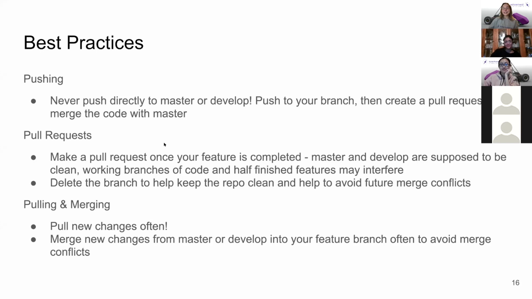And so that brings us to pull requests. Make your pull request once your feature is finished. Master and develop are branches. They're supposed to have clean working code. If you put half-finished features on them, it might interfere with everything working properly because it may cause faults, it may cause crashes, it may cause it to simply not compile.